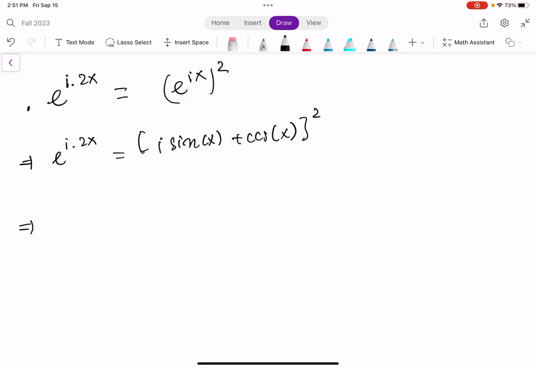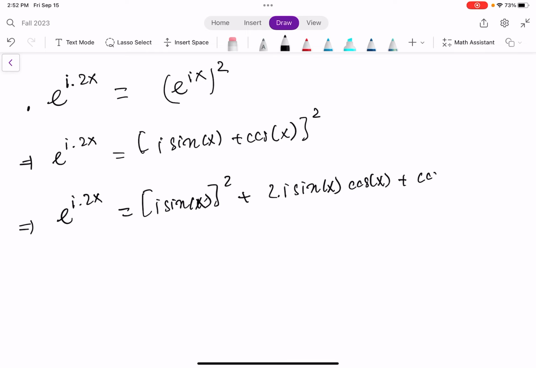We just keep writing e to the power i times 2x on the left. Let's expand the right hand side. So this is (i sine x) squared plus 2 times i times sine of x cosine of x plus cosine of x squared.